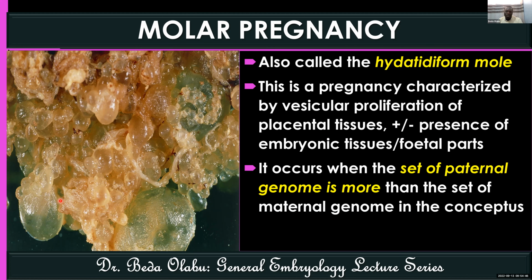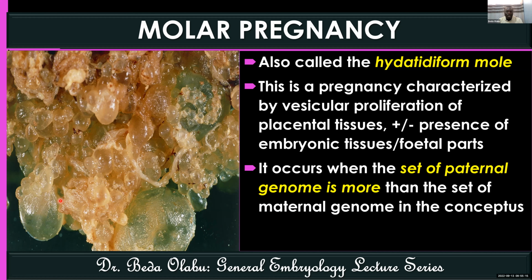Now, understand the context here. The normal setup is that you have 23 chromosomes, that's one set from your father, and one set of 23 from your mother. So it's one set each, so there's equal contribution.